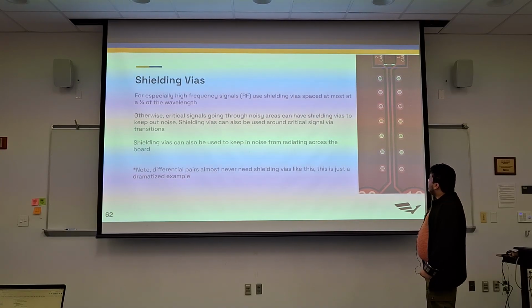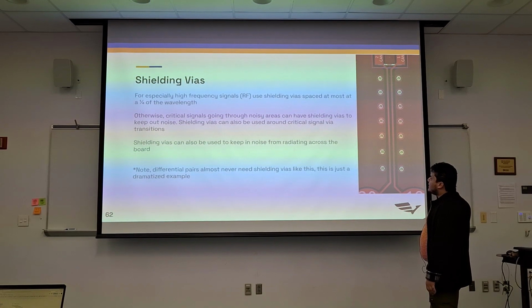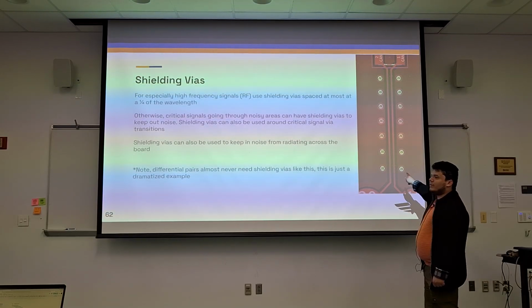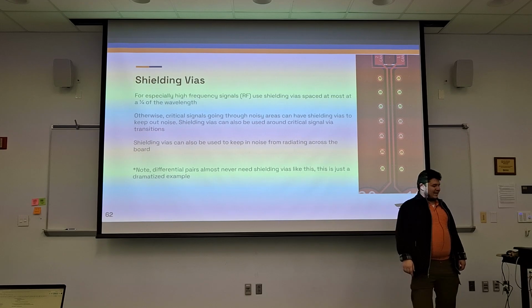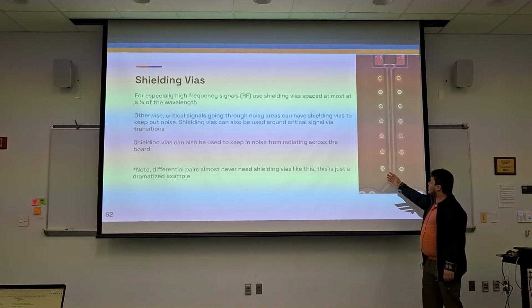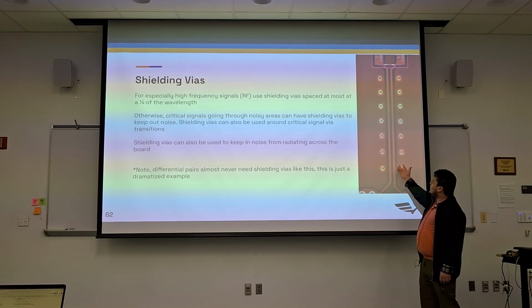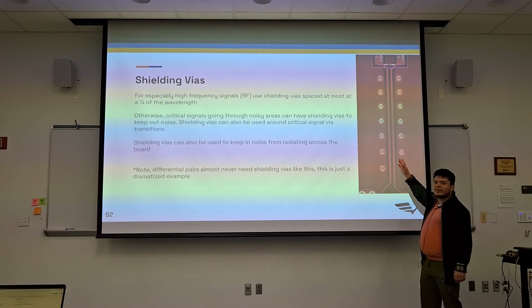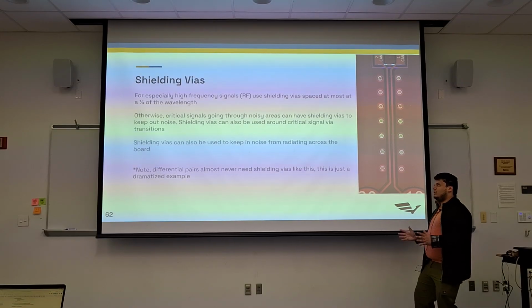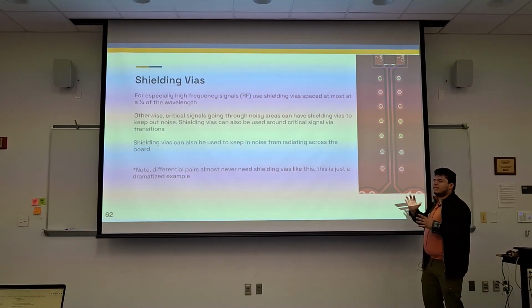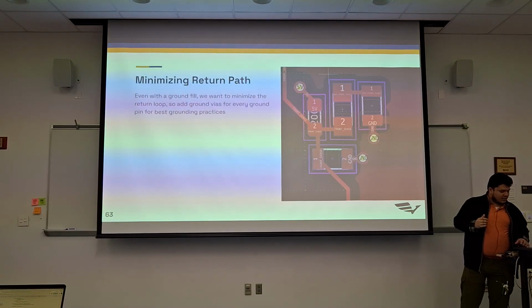And if it's like a really high power one, then you might have multiple rows of shielding vias. Again, don't ever do that with diff pairs. That's never necessary. The one bad part about shielding vias is obviously on other layers now you can't really route through there, because that's almost like a wall, right? So only use it when necessary. You can get away with not using them, but they exist, and that's a use case for them.